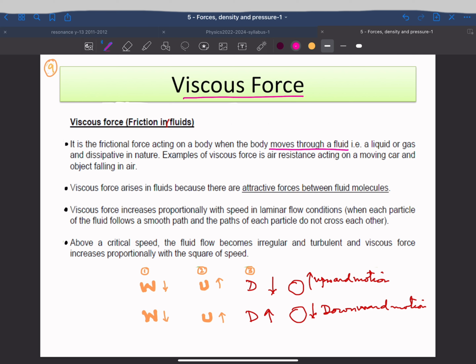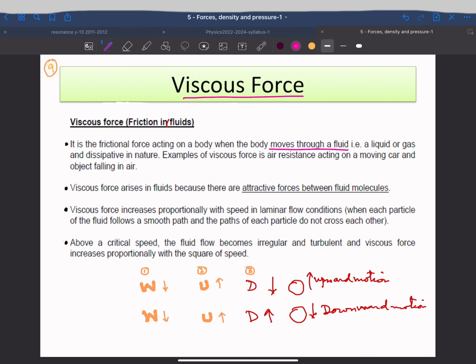Remember that it is the frictional force acting on a body when the body moves through a fluid, a liquid or a gas, and dissipates in nature. Examples of viscous force are air resistance acting on a moving car and an object falling in air. So these are a few examples.